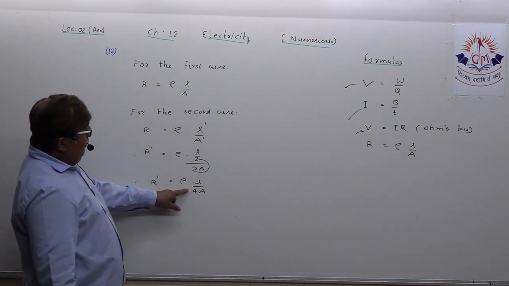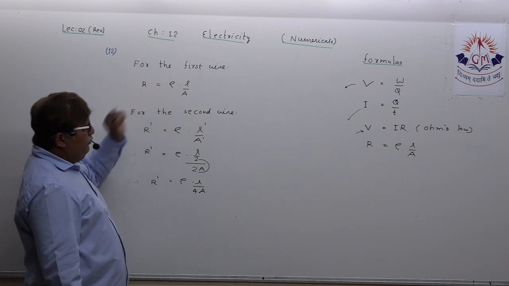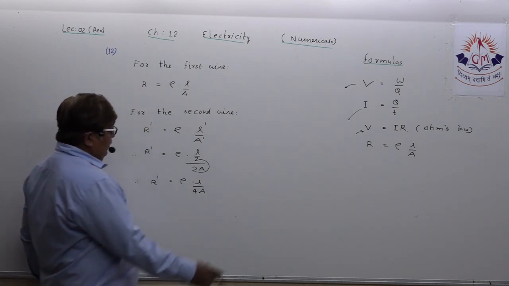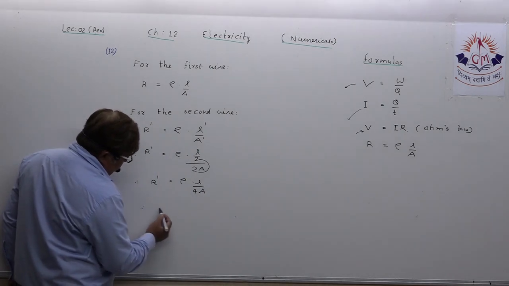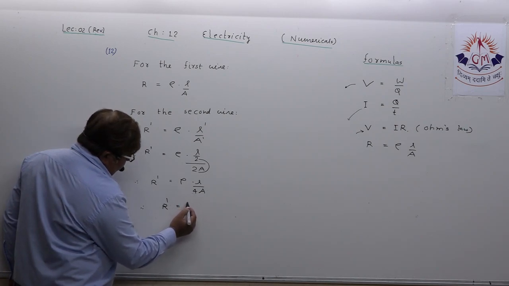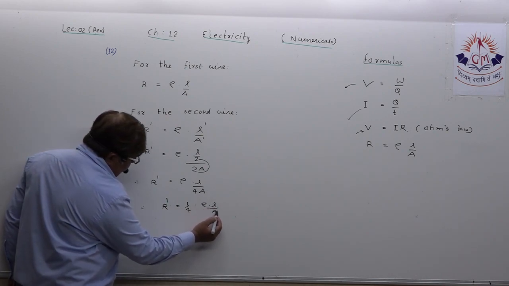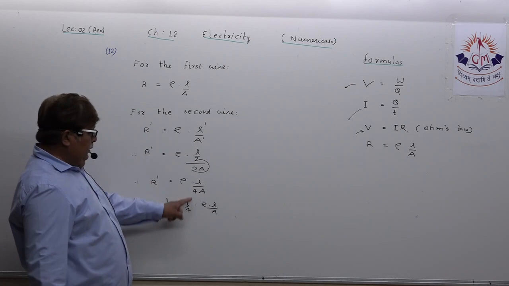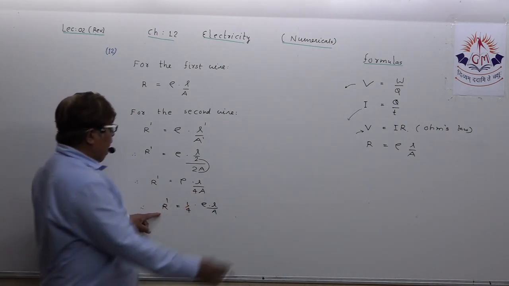Somehow, I want here this expression so that I can replace it by R. The next step, I am writing in this way. See, R dash equal to, can I write this way? 1 upon 4 into rho L upon A. In denominator 4, I have written 1 upon 4.